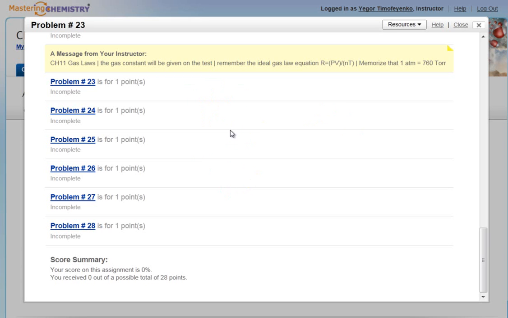Another important part to realize is that this is a formula type of solution. It's not a conversion factor solution, it's a formula solution. And the formula that you need to know is right here: R equals PV over nT.